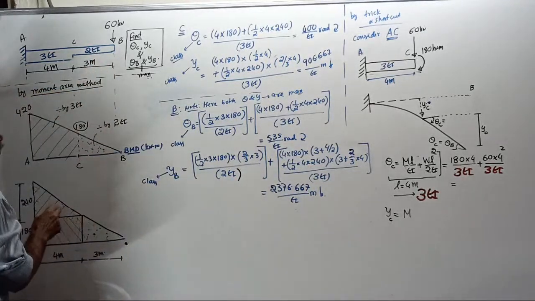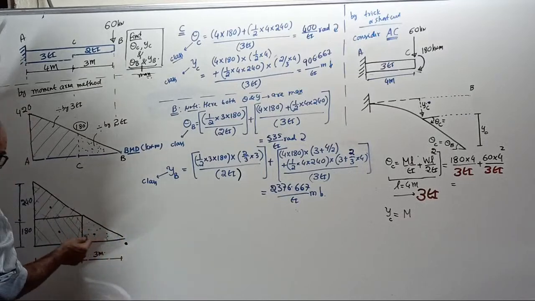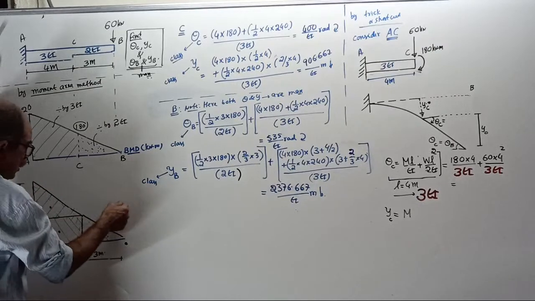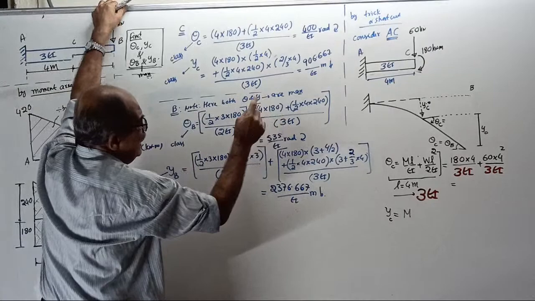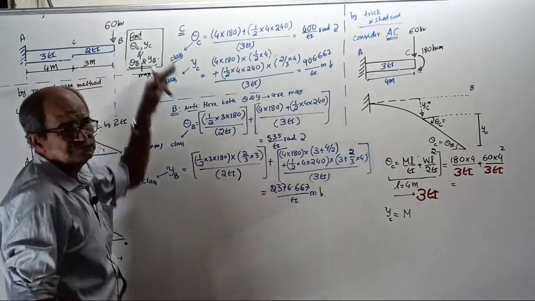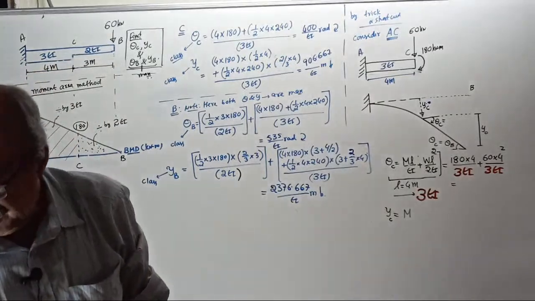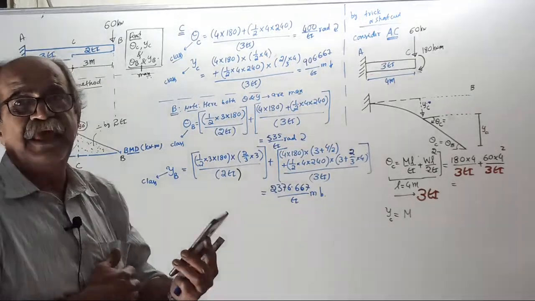Whereas these two moments: 4 into 180 into 3 plus half of 4, and half into 4 into 240 into 3 plus 2/3 of 4. That you divide by 3 EI. You get the deflection. I told the same thing last time also, but in a hurry. Today slowly I told. Fully clear?